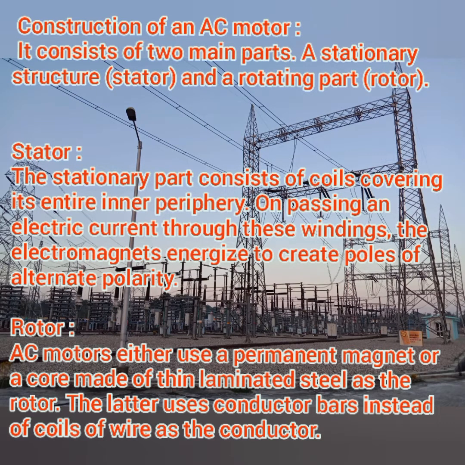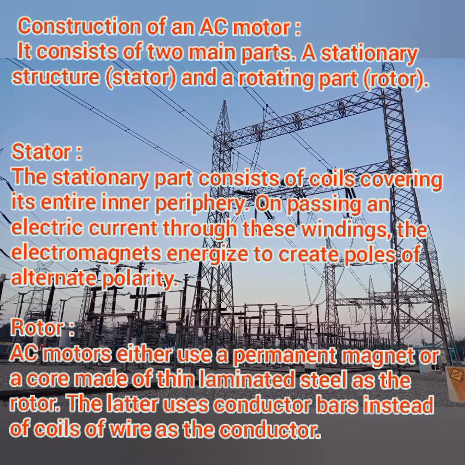Coming to the construction, AC motors are mainly made of two major parts, a stator and a rotor. The stator is the stationary part and the rotor is the rotating part. The stationary part consists of a coil covering its entire inner periphery, and on passing an electric current in this winding, the coil gets energized and forms an electromagnetic field, creating poles of alternating polarities.